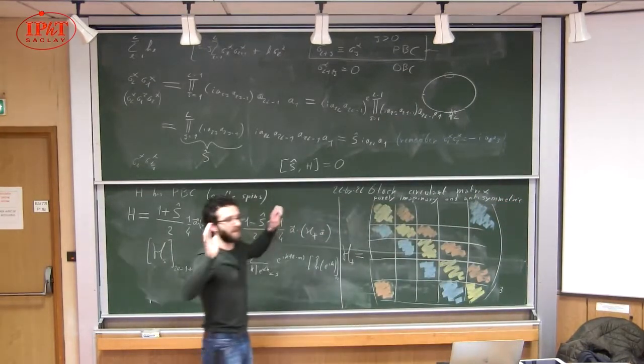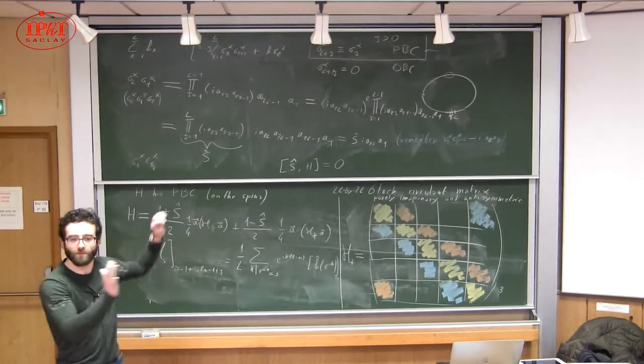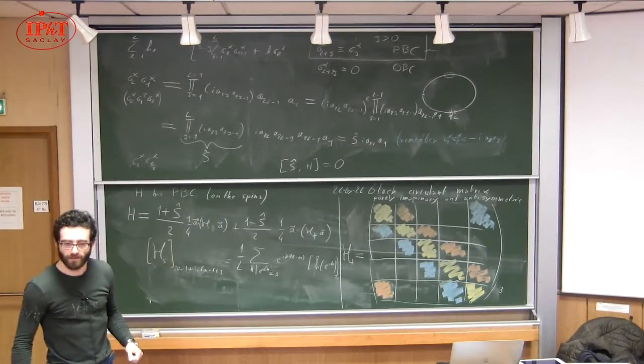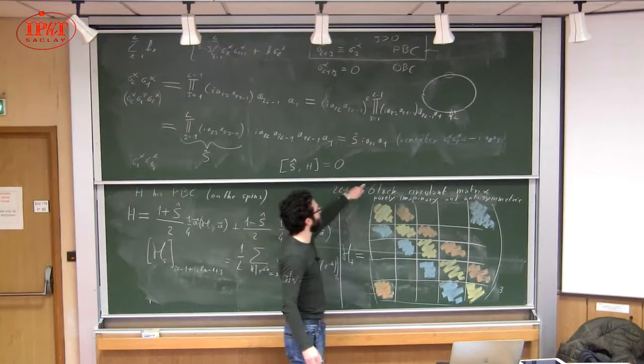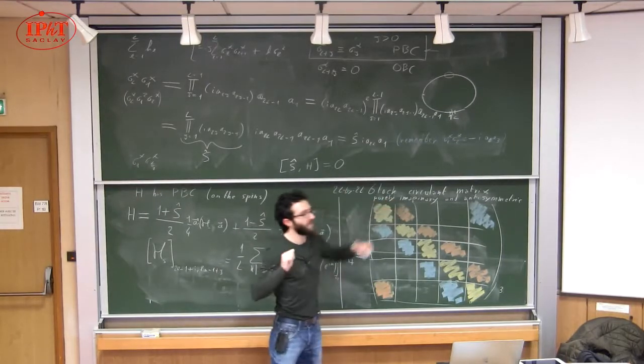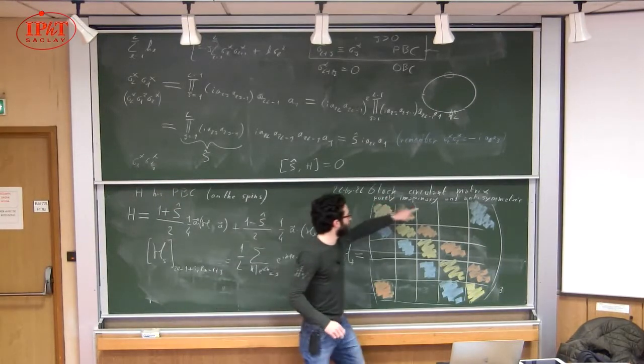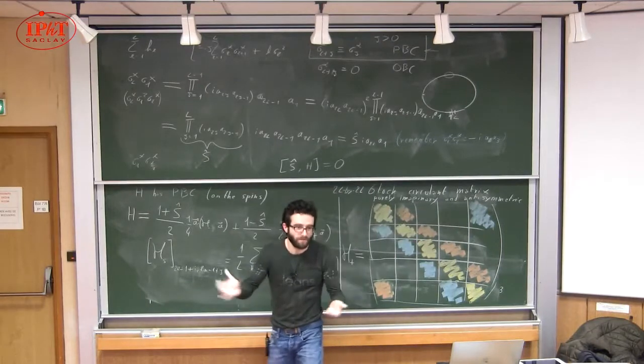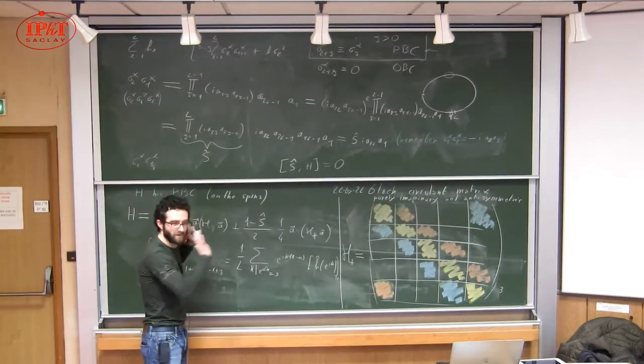These are the most general properties of this matrix. Whatever Hamiltonian you consider, you will have that H plus is a 2L by 2L block circulant matrix, which is purely imaginary and antisymmetric. These two conditions imply that it's also Hermitian. Okay? The Hamiltonian is Hermitian, I assume that.